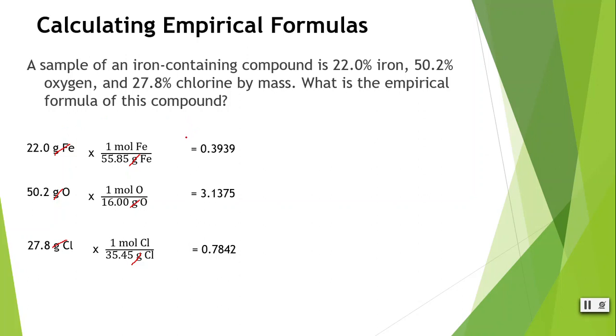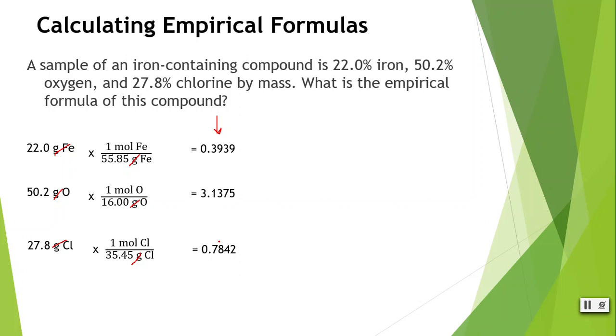Third and final step is to look at the mole values that you calculated, determine which number is smallest, and then use that number to divide each of these numbers by to get whole numbers. So looking at those three numbers, 0.3939 is obviously smaller than 3.1375 or 0.7842.